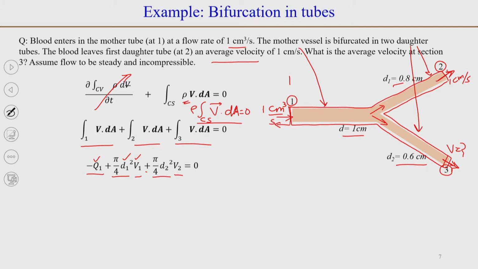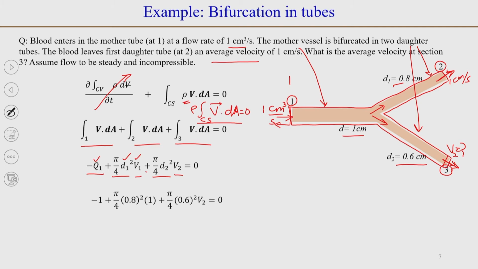V2 is the mean velocity at the exit of daughter tube 2. So, let us substitute the values in, because all the numbers are in terms of centimeters. So, centimeter per second or centimeter cube per second. So, we can use the same units.